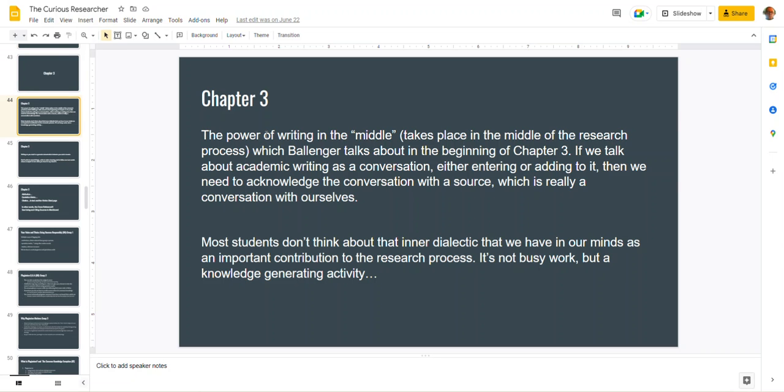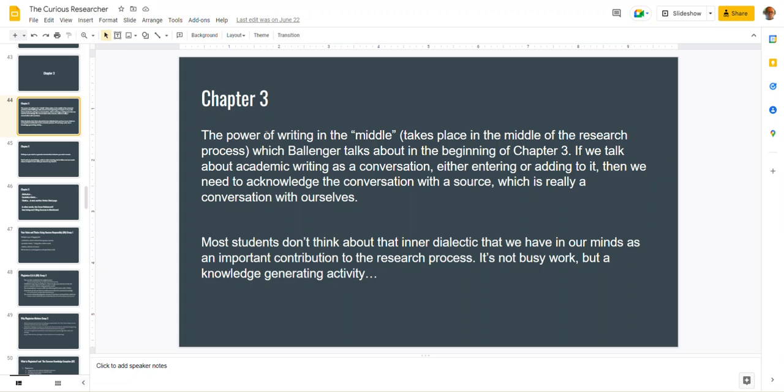And Ballinger really places an emphasis on chapter 3. I also viewed it as one of the most important chapters in the book. What do you do with your information? And the idea that academic writing is a conversation. It's a conversation between you, your sources, your topic.